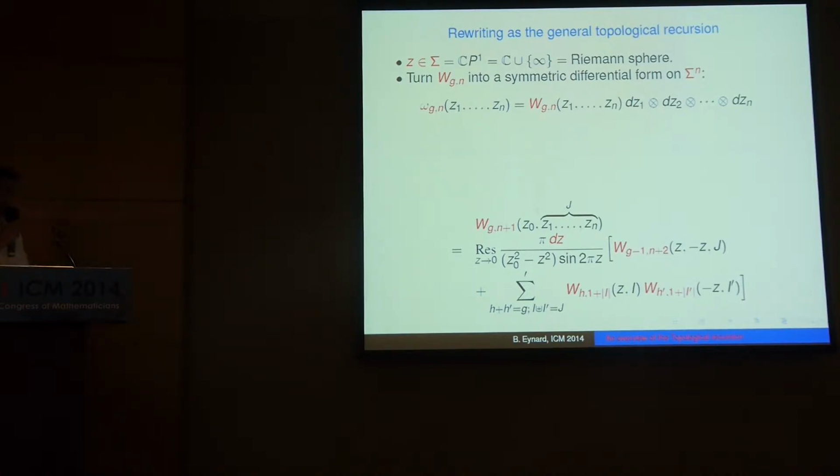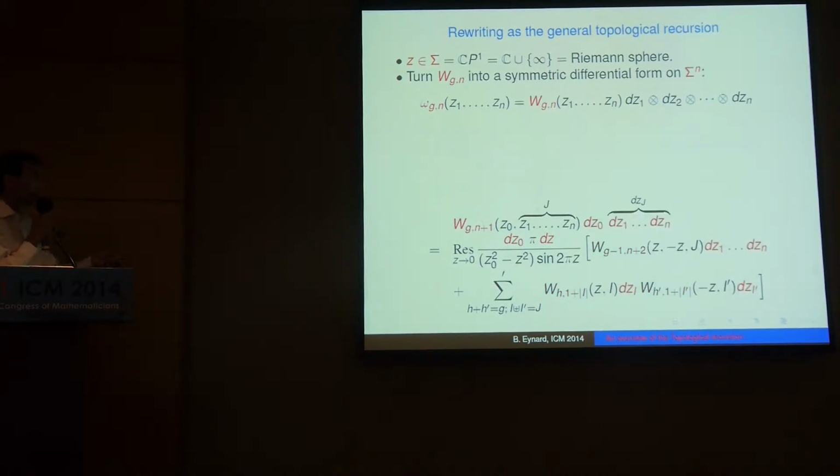In order to do that, you take this equation and you multiply by dz1, dz2, and so on. So multiply by dz0, dz1, and so on. So here this is omega_{g,n+1}. But here, this is not yet an omega. To get an omega, you have dz1, ..., dzn, but you don't have the dz and the minus dz.